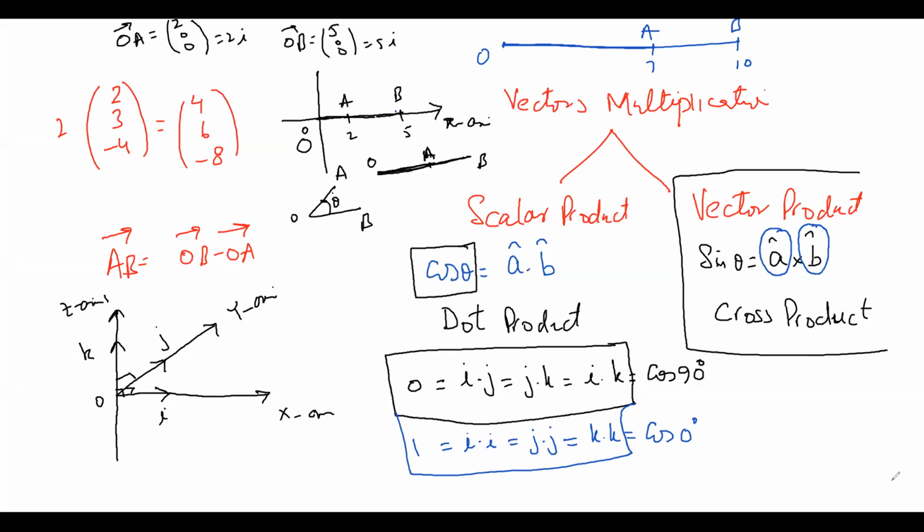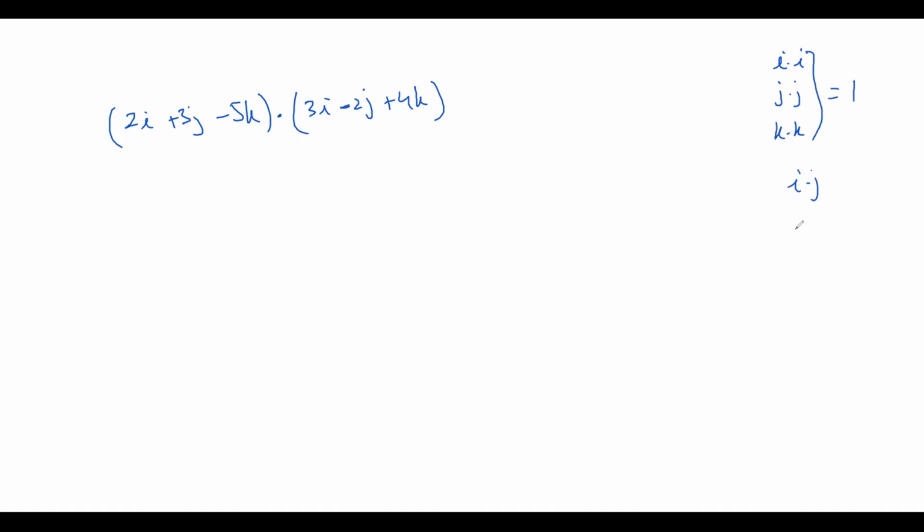Now suppose you have a vector which is 2i plus 3j minus 5k, and you want to perform the dot product with this, 3i minus 2j plus 4k. Okay, so now you have this in your mind that I dot I, j dot j, and k dot k, they are all equal to 1, and I dot j, j dot k, and k dot I or I dot k, they're all equal to 0.